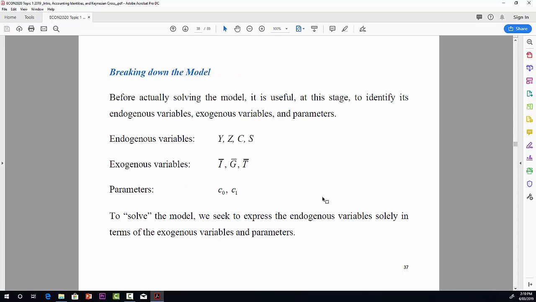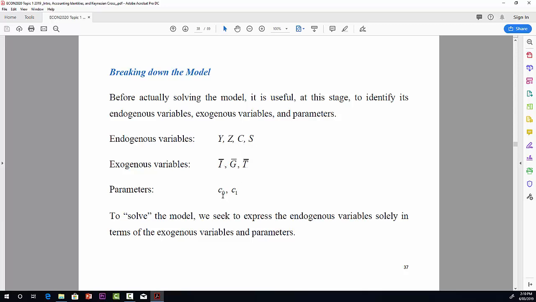Let's do it. Oh, but before we do it, let's just break down the model. Again, I keep saying that every theory has endogenous variables, exogenous variables, and parameters. Let's summarize what those are in this model. Here we have 4 endogenous variables: output, planned expenditure, consumption, and savings. We've got exogenous variables I bar, G bar, and T bar, so investment, government expenditure, and taxes.